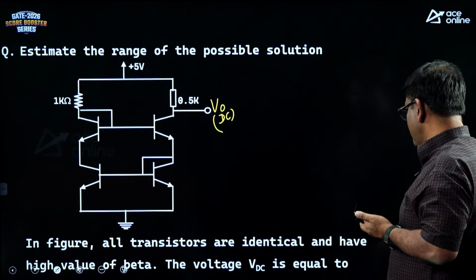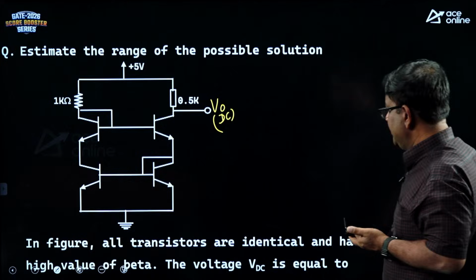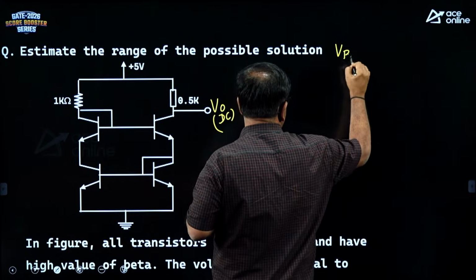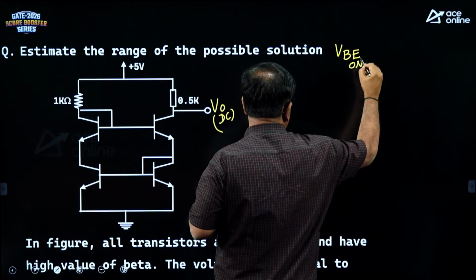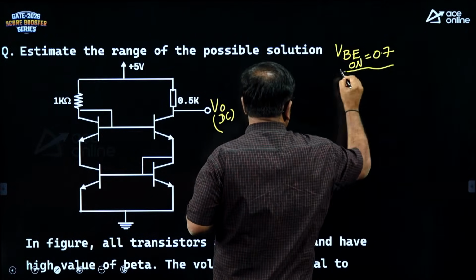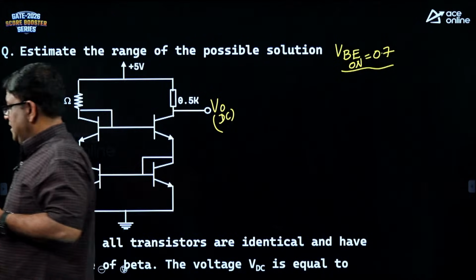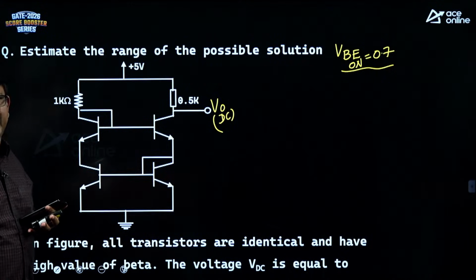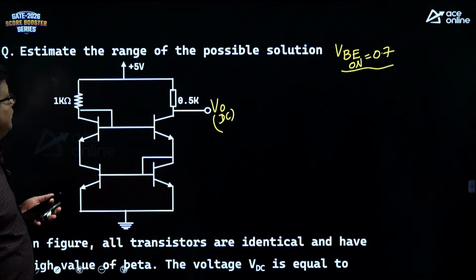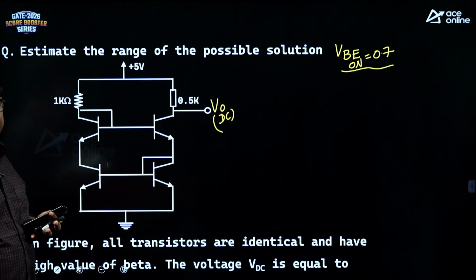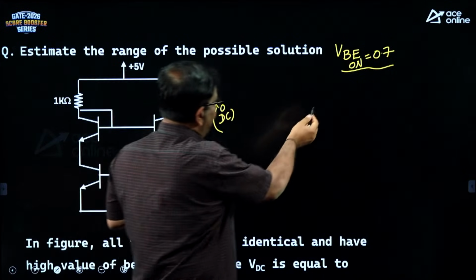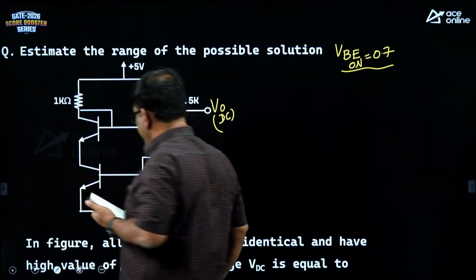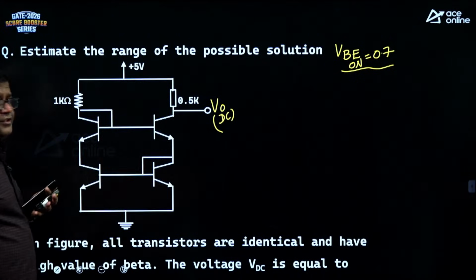So, here the data VB on should be given as 0.7, as in most of the problems, because if there is a possible solution, then the examiner does not have to give it, you can assume. But since this is a numerical session, I have to include in the question VB on is 0.7. So, when it is 0.7, this is a current mirror circuit.